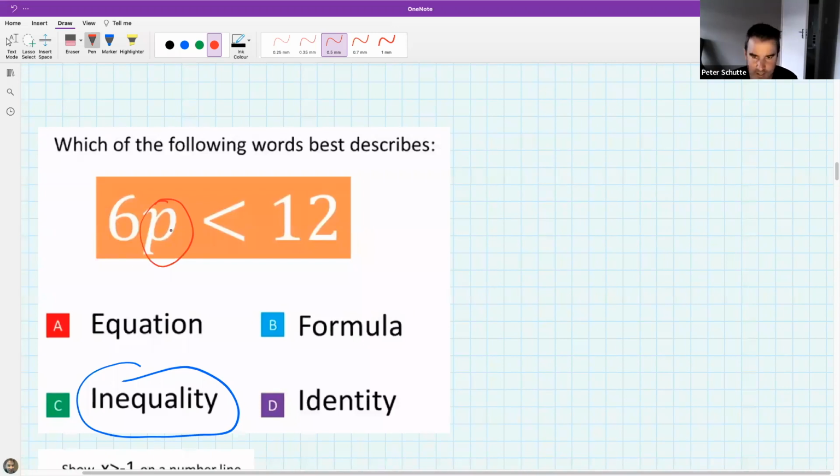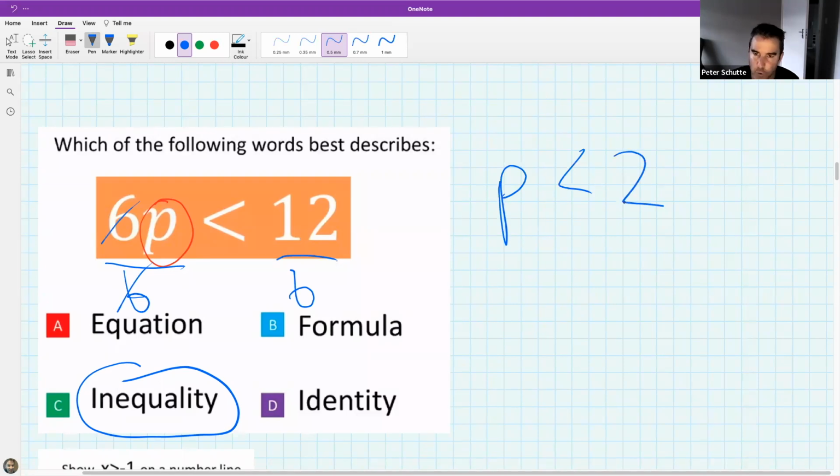In order to isolate the p, or get it by itself, all I need to do here is divide both sides by 6. If I do that, I'm then going to get p is less than 12 over 6, or p is less than 2. So the answer to this inequality is p is less than 2.